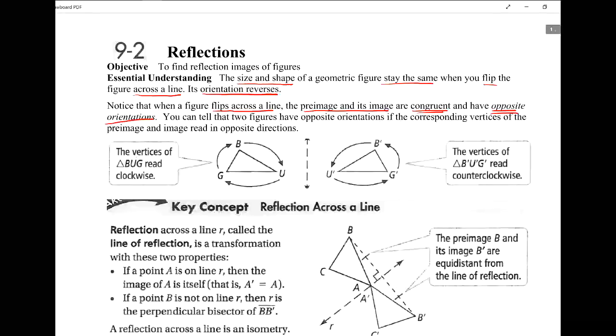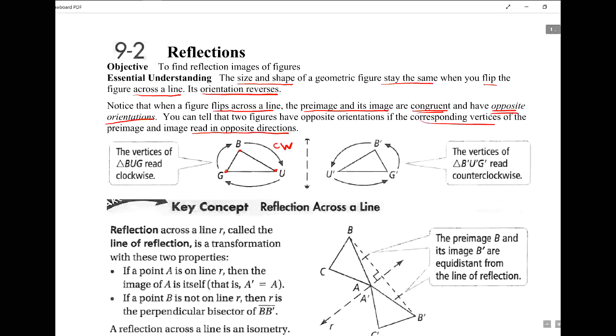Now, you can tell if they are opposite orientation, if they are flipped, if your corresponding vertices read in opposite directions. So on our pre-image here, remember pre-image is the original, we read triangle B, U, G, and that goes around in the clockwise direction.